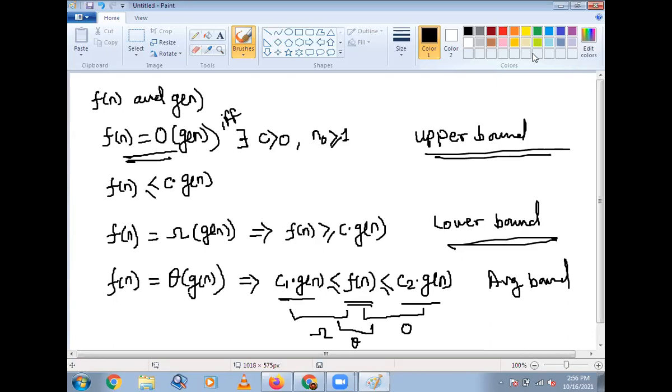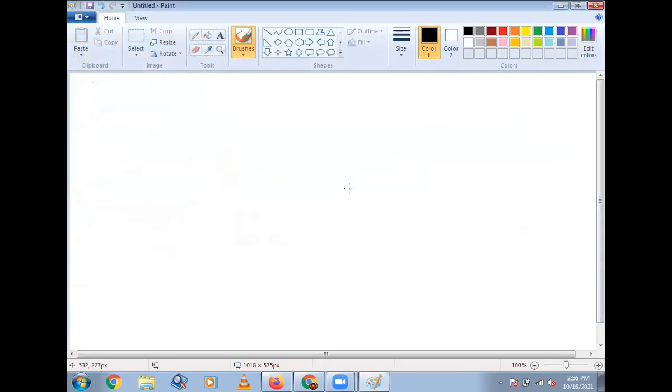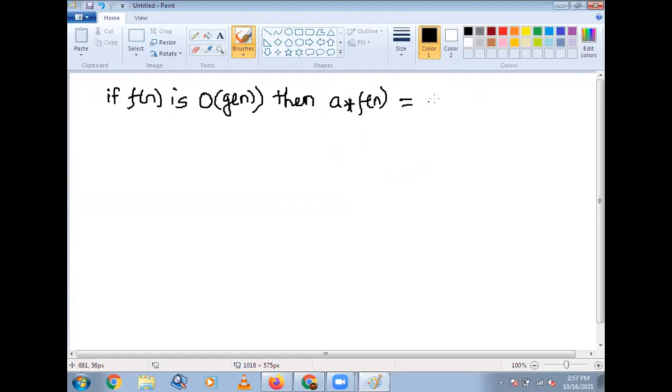Now we move towards the next point, the properties of asymptotic notation. The first property is: if f of n is big OH of g of n, then a into f of n is also big OH of g of n.